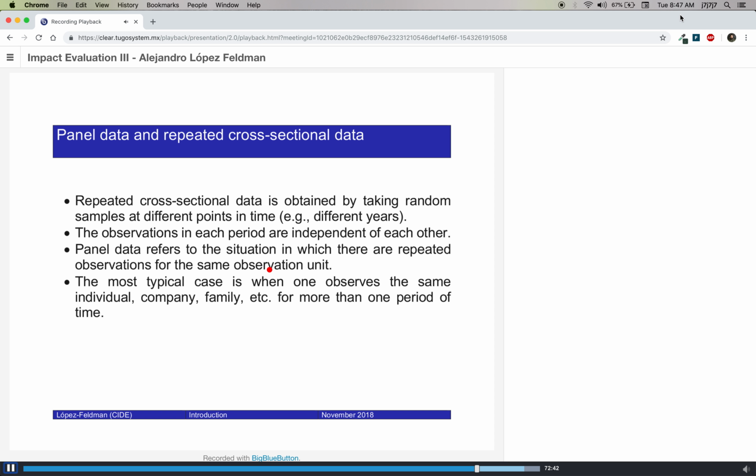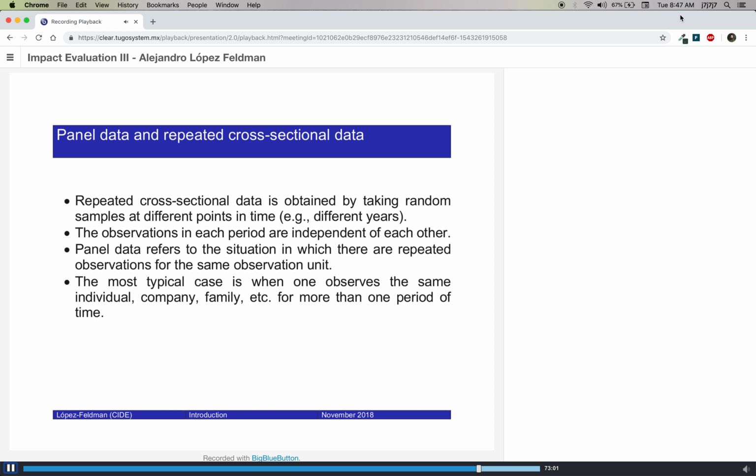But for instance, I have 900 or 950. So here I have 900 households that I included in 2000, and I am including the same households in 2010. So that is the difference between panel data and repeated cross-sectional data.